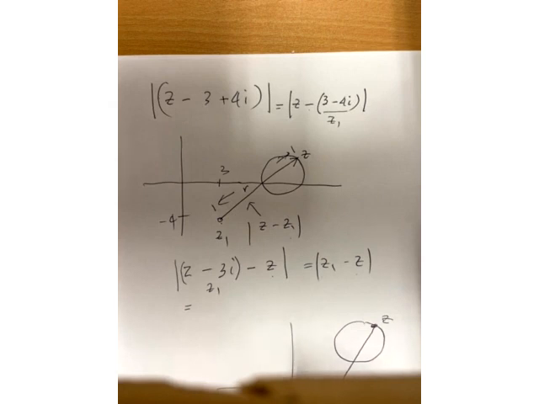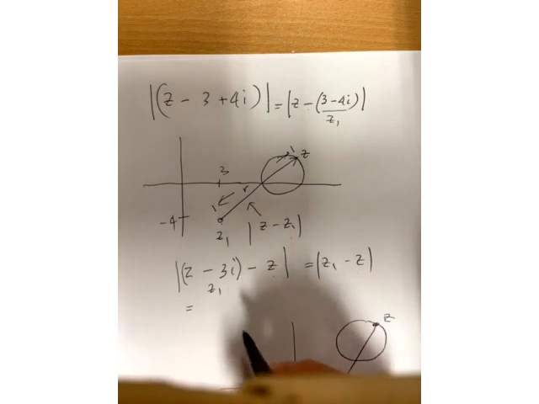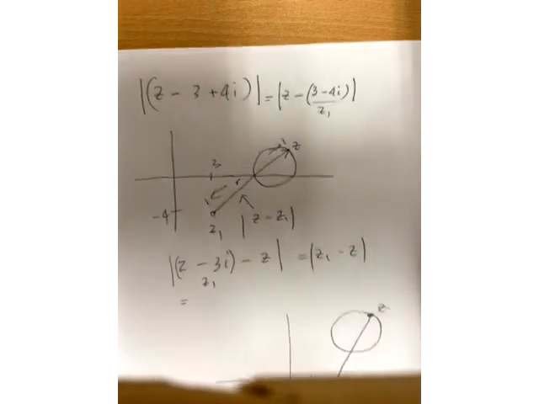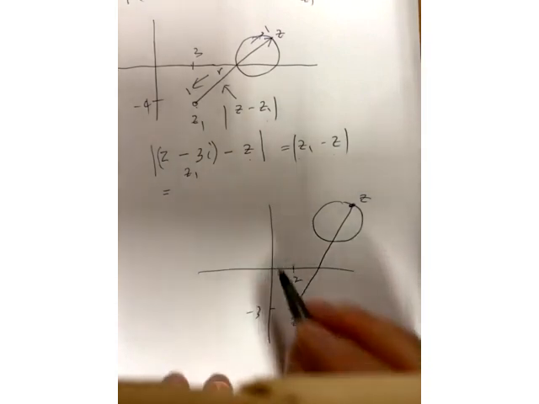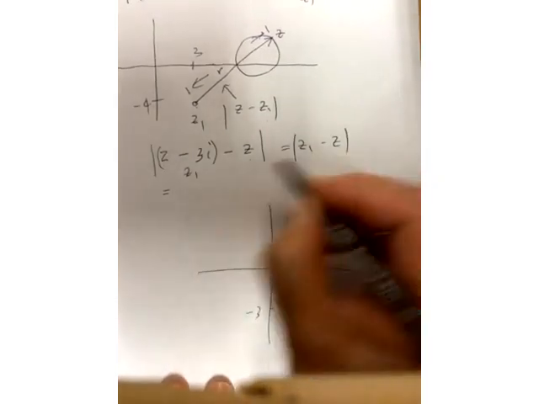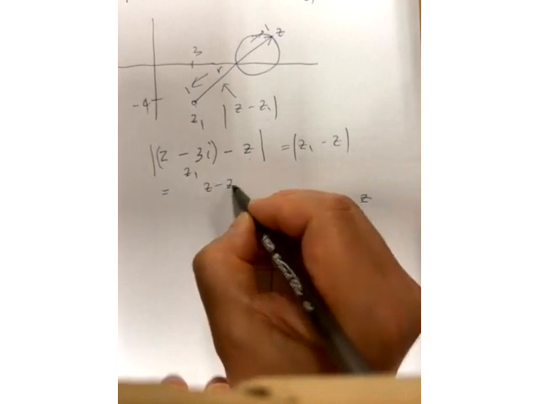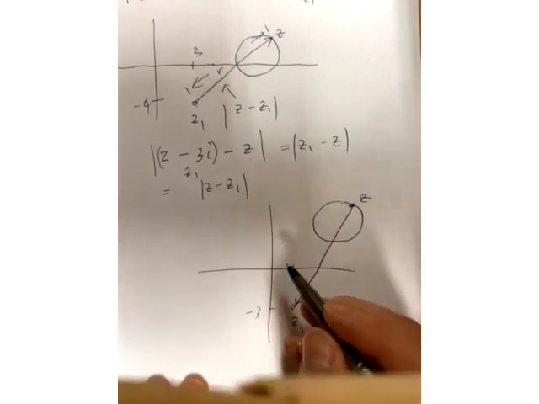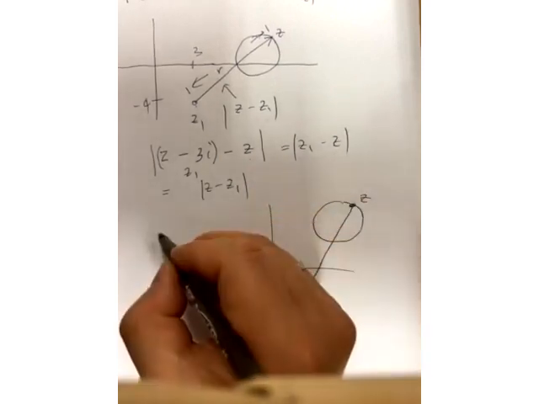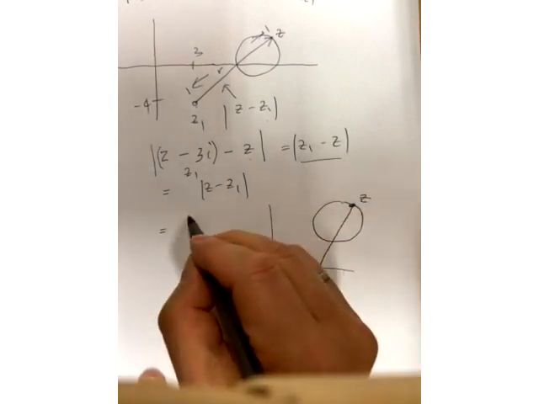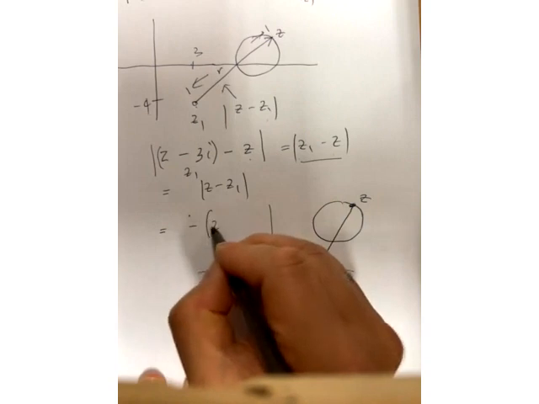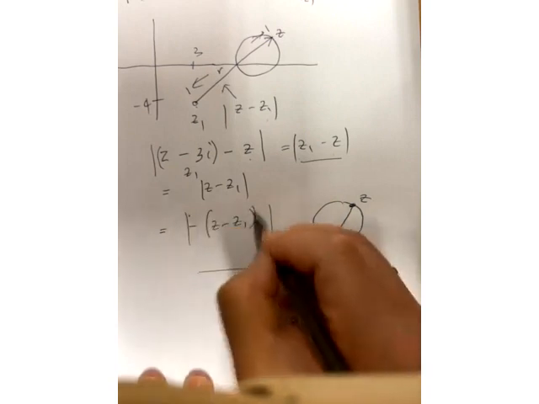And it just happens that one of the properties of complex numbers is that if you take the modulus of Z1 minus Z, you can see the diagram there, it's the same as Z minus Z1. You can easily prove that, because you can rearrange this bit into minus Z1 using algebra.